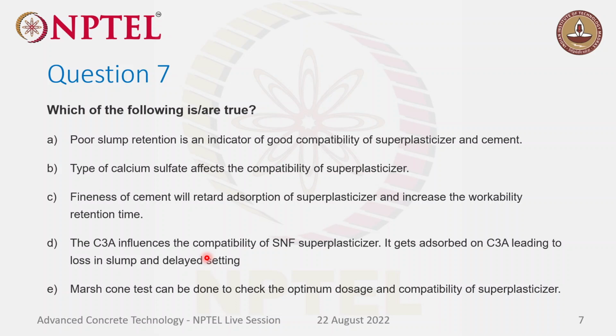Sir has told you that a combination of all the types of calcium sulfate, either dihydrate, hemihydrate, and anhydrate, is required for the cement to function properly while reacting with water. So just tell, will the type of calcium sulfate affect the compatibility of superplasticizer?